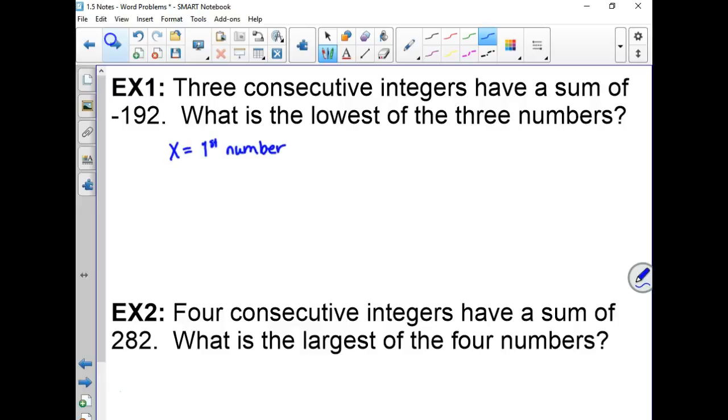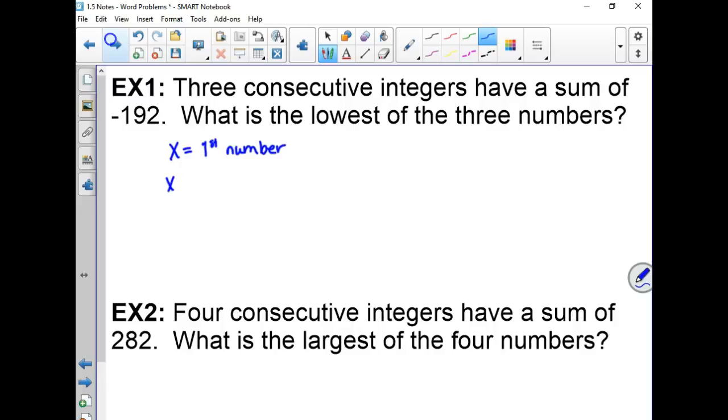Now these numbers are consecutive, so that means in a row. So for example, 3, 4, and 5 are consecutive integers. 9, 10, 11 are consecutive integers. Negative 7, negative 6, negative 5 are consecutive integers. So numbers in a row. So if x is my first number, then the second number is going to be one larger than that.